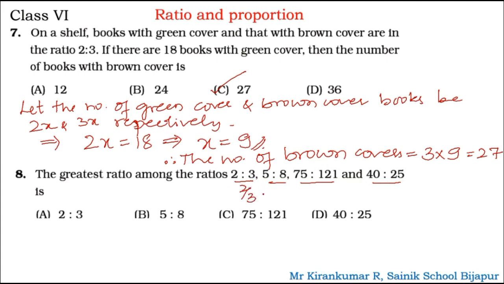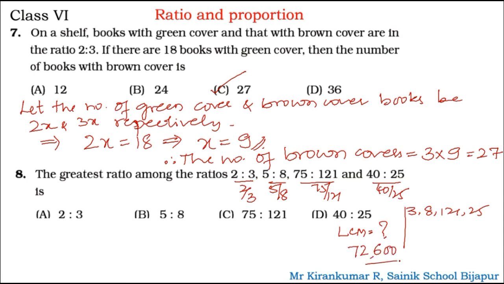This is 2 by 3, this one is 5 by 8, this one is 75 by 121, this one is 40 by 25. Look at the denominators. The denominators are 3, 8, 121 and 25. We need to find the LCM, and the LCM will turn out to be 72,600. You can calculate this.